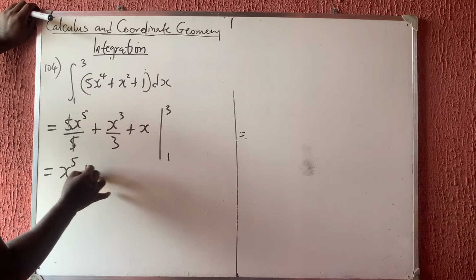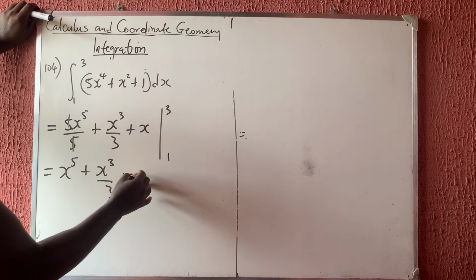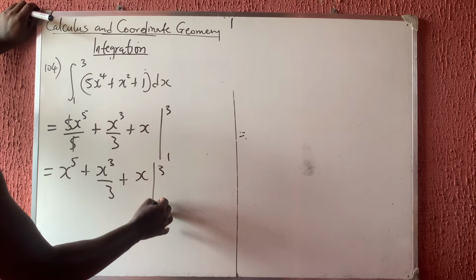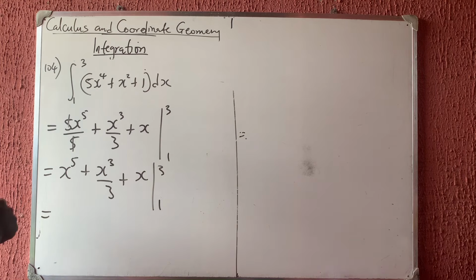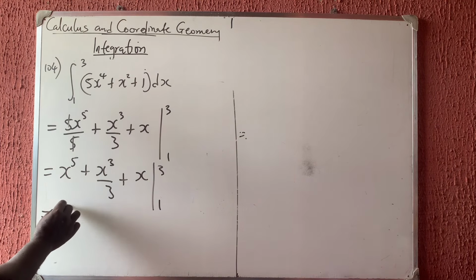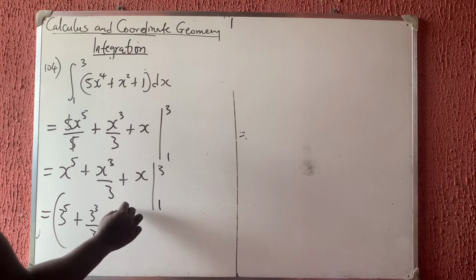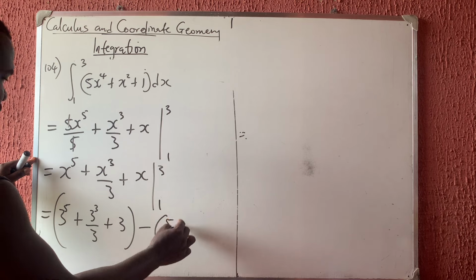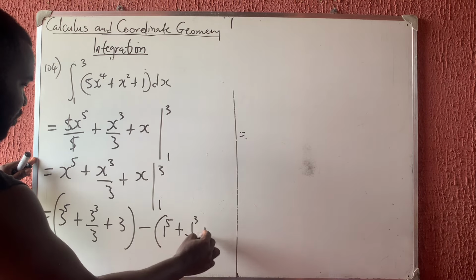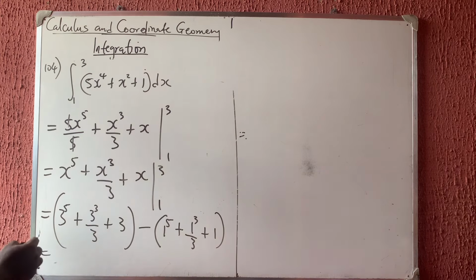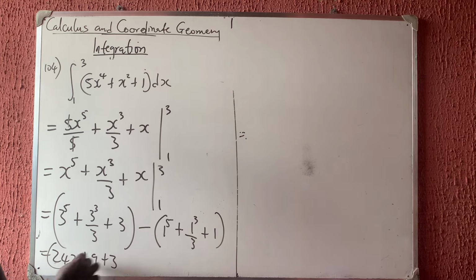Let us put 3 first, minus when you put 1. If I put 3, it is 3^5 plus 3^3 over 3 plus 3. Then minus 1^5 plus 1^3 over 3 plus 1. 3^5 is 243, and 27 divided by 3 is 9, plus 3, so that is 255.